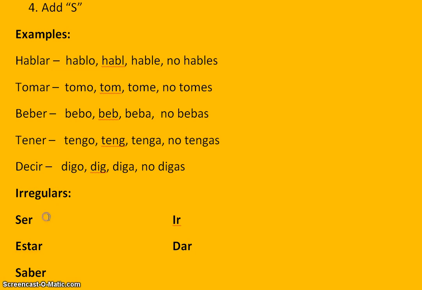Okay, so let's go over what these commands would be in negative. So for ser would be no seas. For estar would be, this is bolded, no estés. And you do want the accent mark over the second E. For saber would be no sepas. Do these look familiar to you? Exactly right.